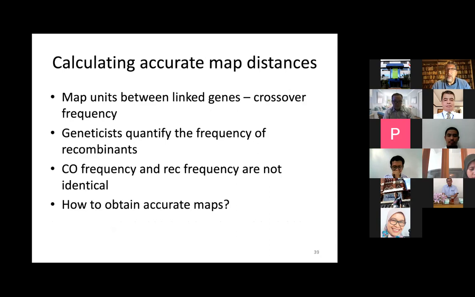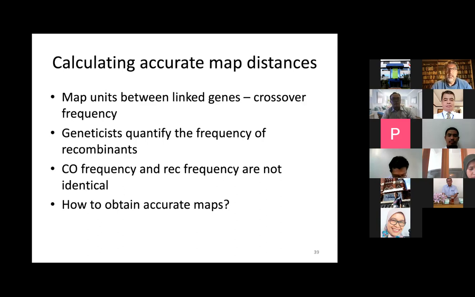So in order to calculate accurate map distances, we have to make corrections for this interference, since the relationship between the frequency of recombination and the frequency of crossing over is not exactly linear.